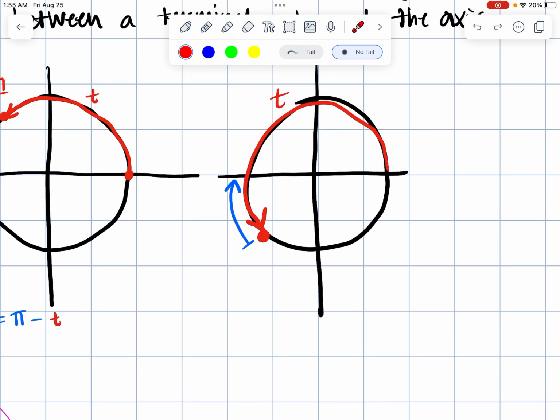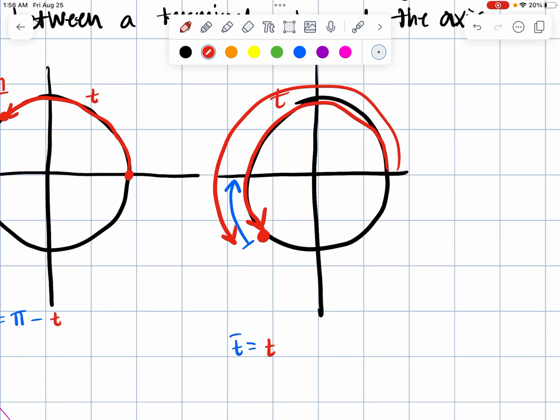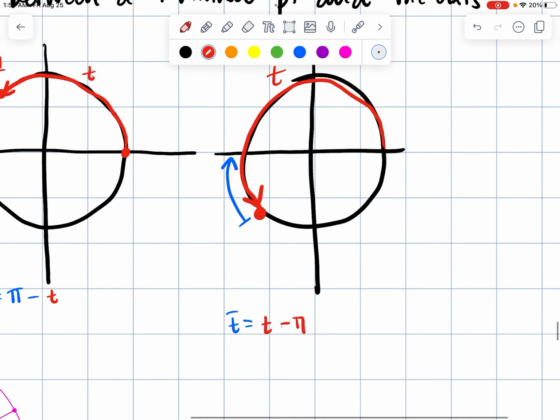So we would label t bar equal to t, which is the entire length around, and we would subtract pi. Because when you subtract these two, it gives you only the blue length. So t minus pi in this particular case will give you t bar.